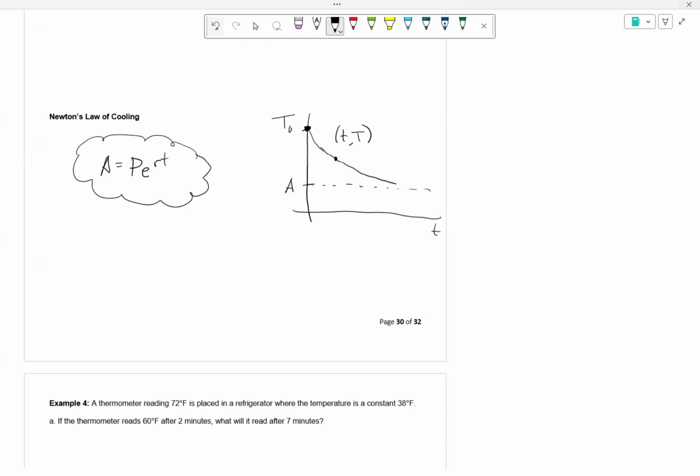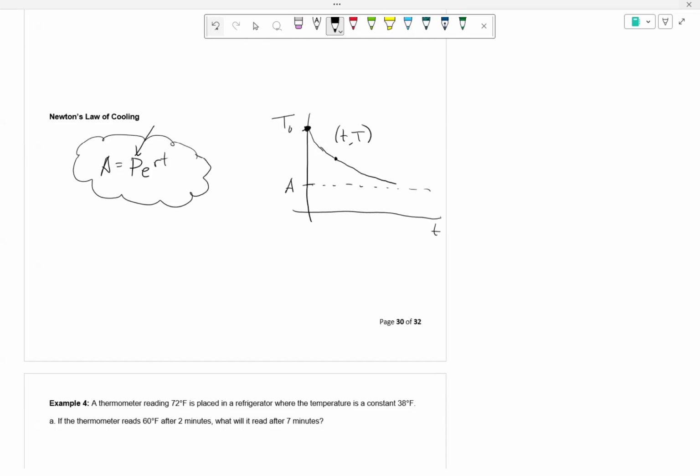So let's think, what is P going to be? Are we good with P equaling T naught? It's not. Oh, wait, no, is it not minus A?